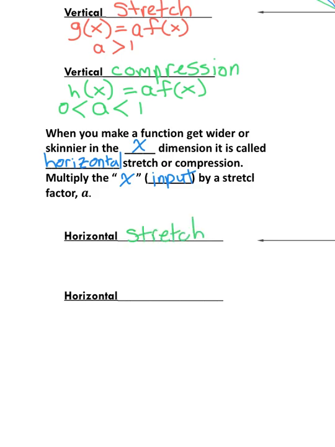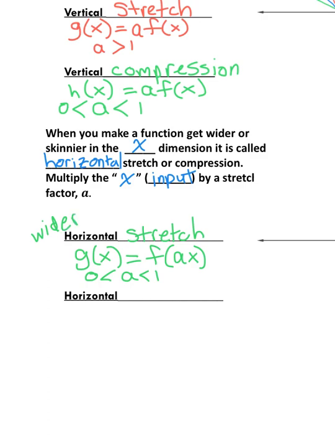We're going to multiply our input. So if I've got g of x, I'm going to multiply my input x by some factor. And in this case, if we want to go wide, that factor is going to be greater than 0 and less than 1. Let's actually write here, wider.